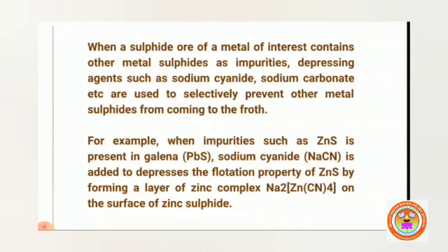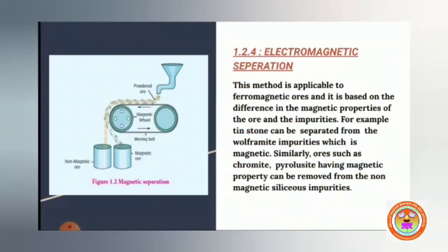Ferromagnetic ores. This method is applicable to ferromagnetic ores. When the ore and the gangue differ in magnetic properties, they can be separated by the magnetic separation method.